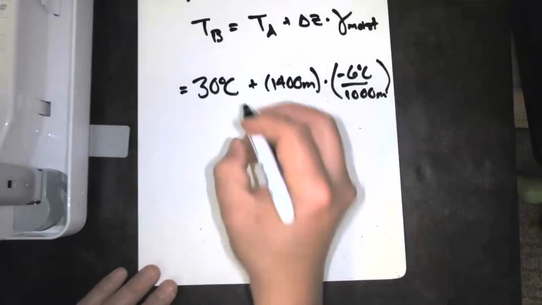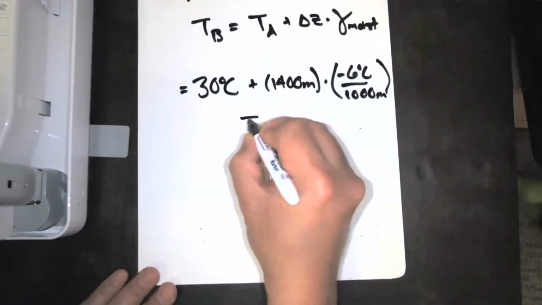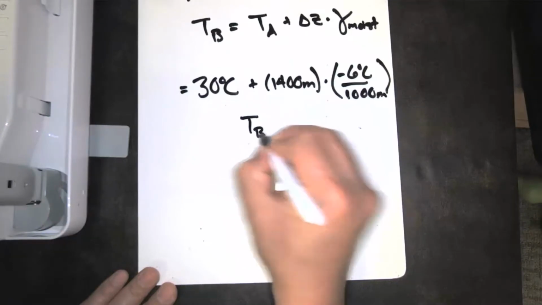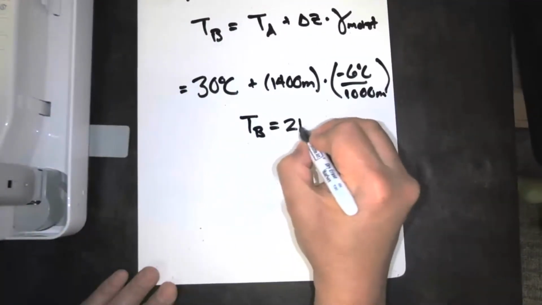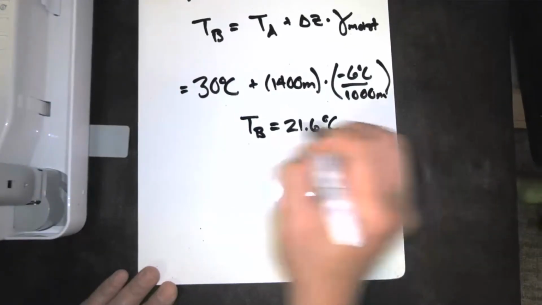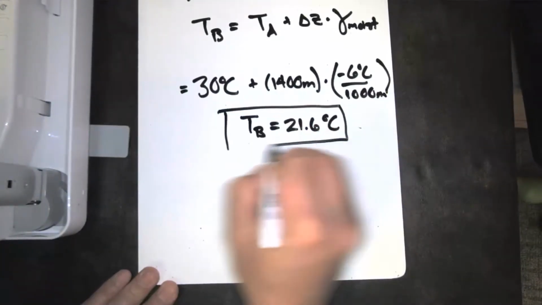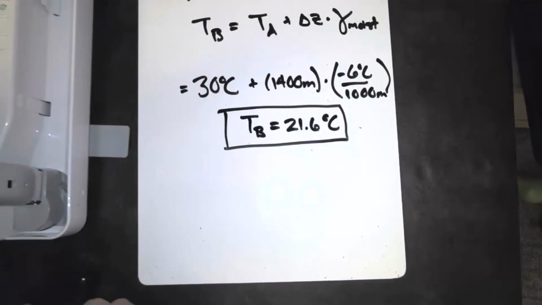Okay, so when we turn the crank, we get a temperature of 21.6 degrees Celsius. And that is the temperature of our air parcel once it reaches the top of the Cordillera Central.